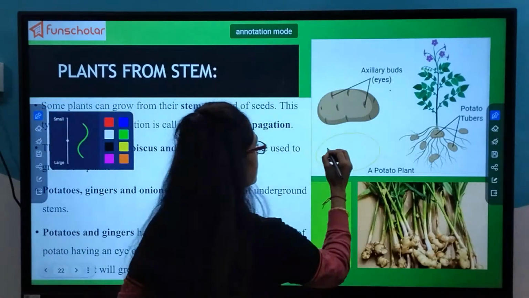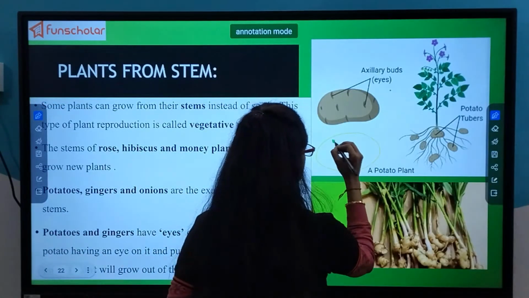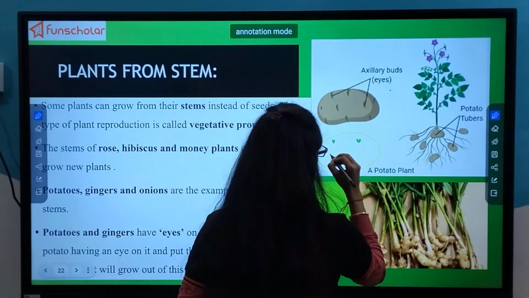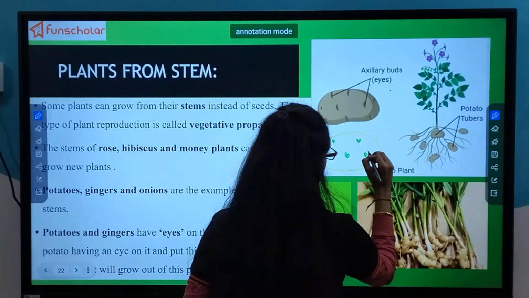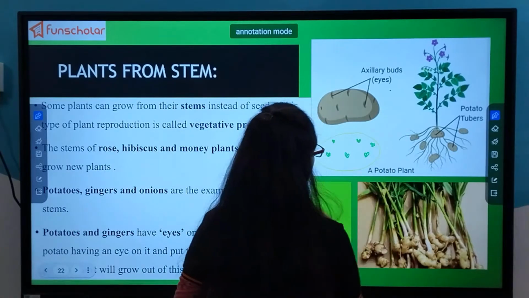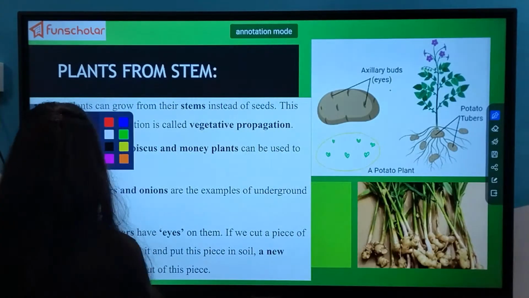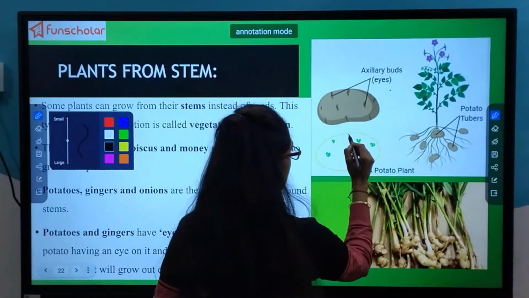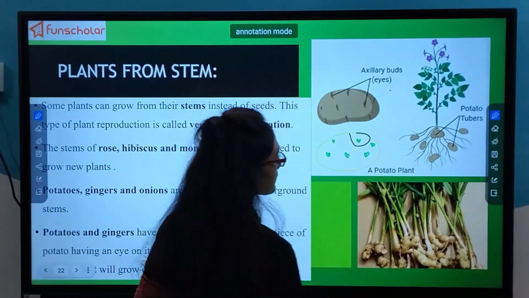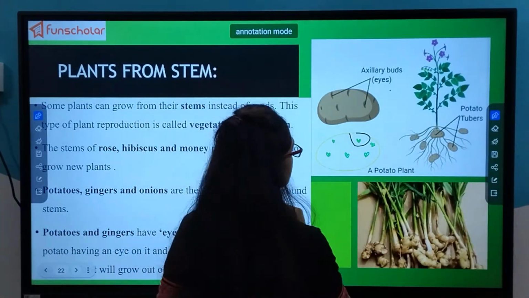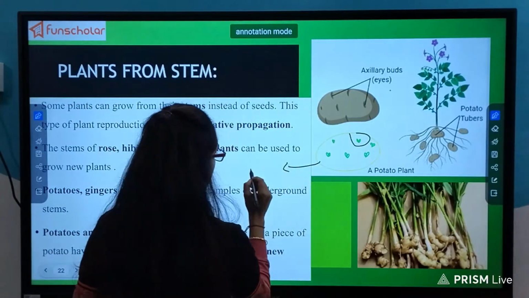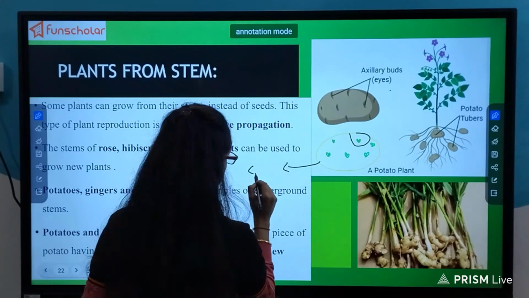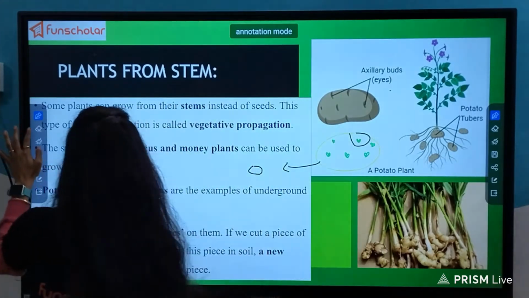Now you will find, sometimes you can see this at your home, that small greenish bud is being formed in the potato. Now what you will do? You will cut one part. You are cutting this part, and what you will do? You will put that part in the soil.